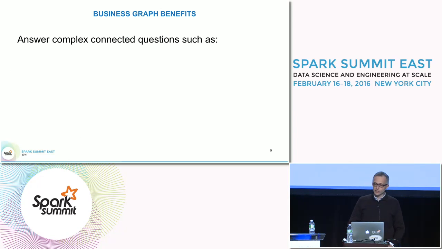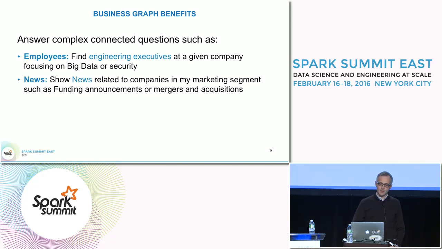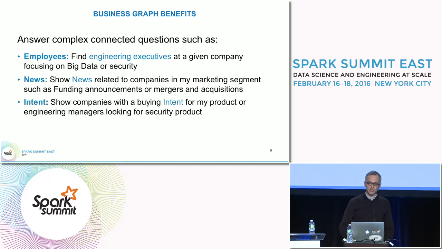Building a graph allows us to answer complex connected questions, such as finding employees, like an engineering executive, for instance, working at a given company and focusing on a given area, like big data or security. Or news, being able to find all the news related to a particular marketing segment, such as funding announcements or mergers and acquisitions.